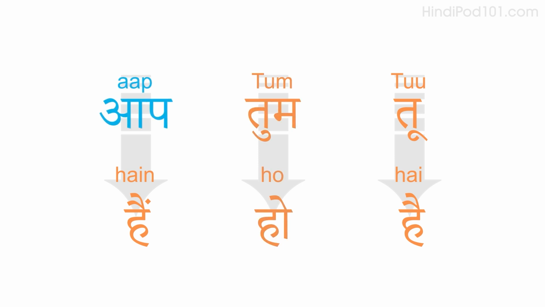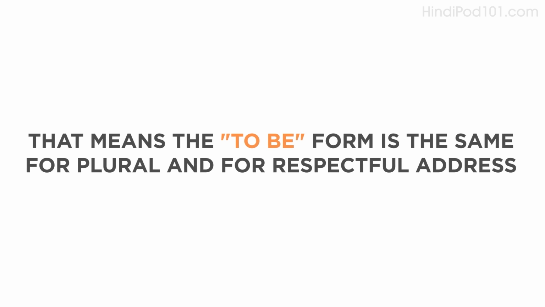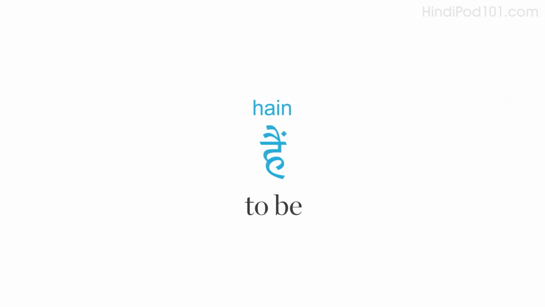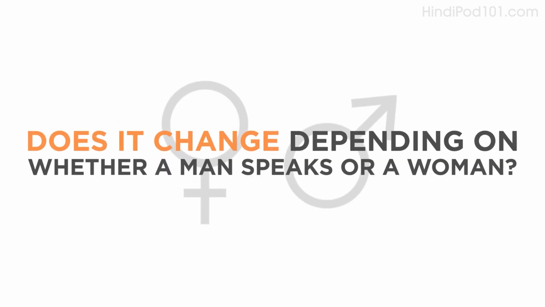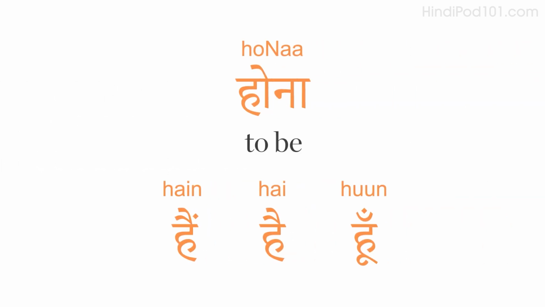And with aap, you use hai. That means the to be form is the same for plural and for respectful address. Yes, it is hai. Does it change depending on whether a man speaks or a woman? No, it doesn't. We have 3 versions of hona, and these are hu, hai, hai.